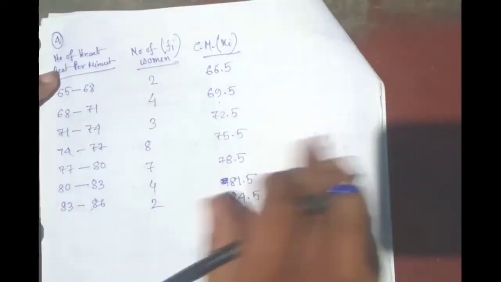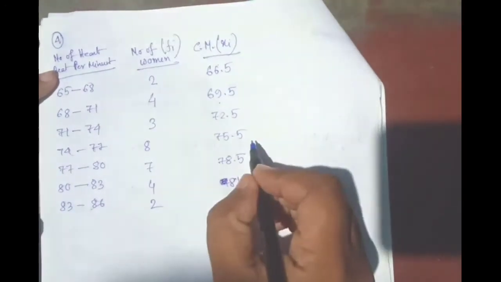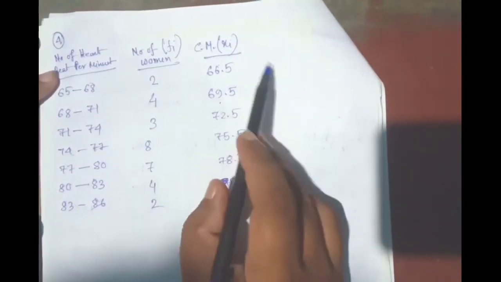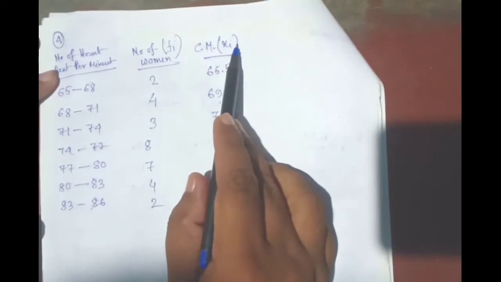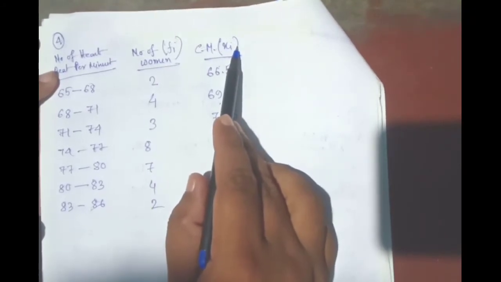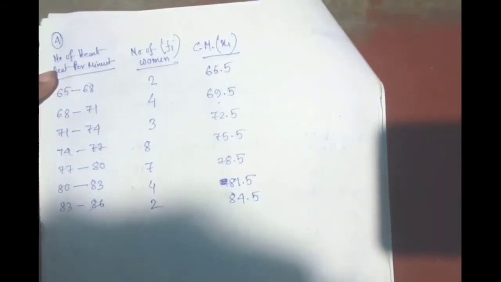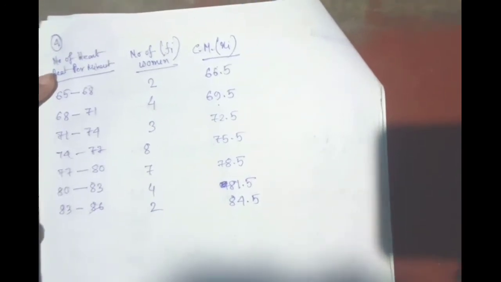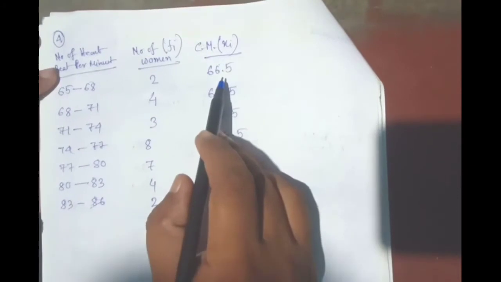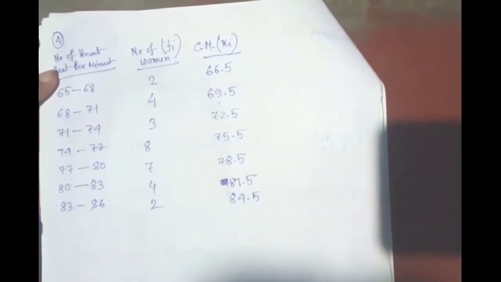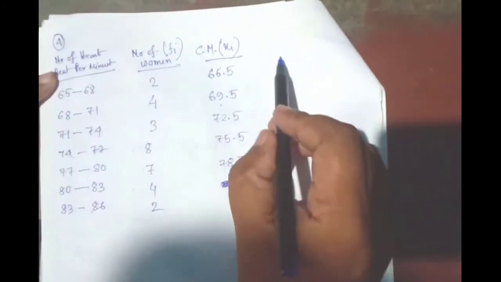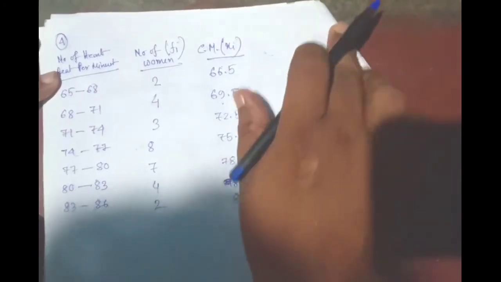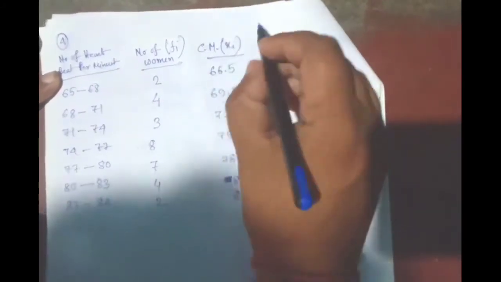Now if we use the direct method over here, then the process will be longer. So we will use the assumed mean method. For the assumed mean method, we have to find di.